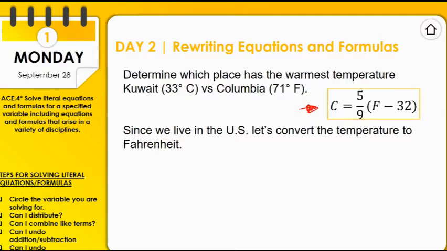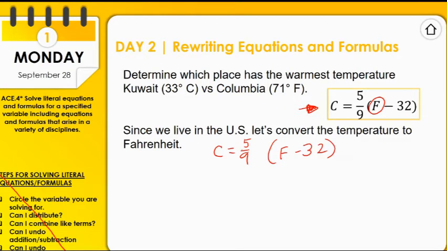So our steps for solving this equation, we'll ignore for a second. So follow my process. In order to solve, we need to get F by itself. So I'm going to rewrite Celsius is equal to 5 over 9 Fahrenheit minus 32.